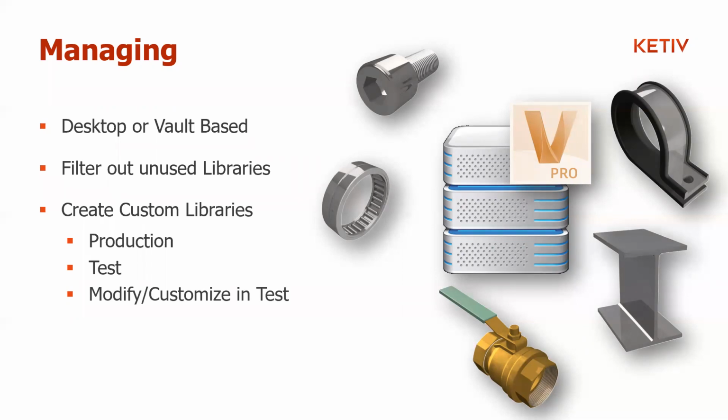We can set this up in such a way that your typical user does not see your test library. They only see production. When you're ready and you've tested and vetted this information, you can copy, or I should say move, that family of parts into your production library.